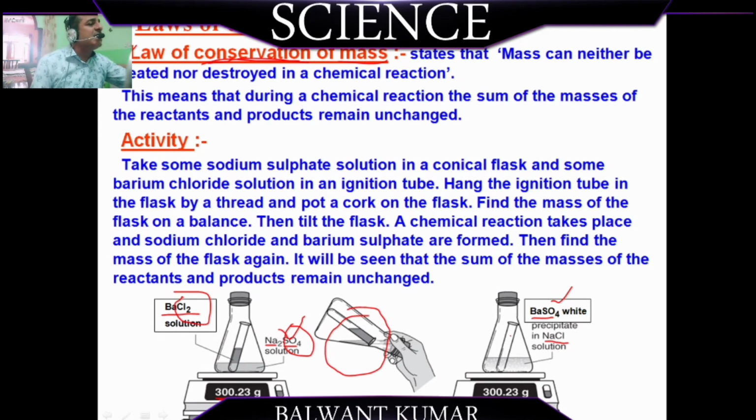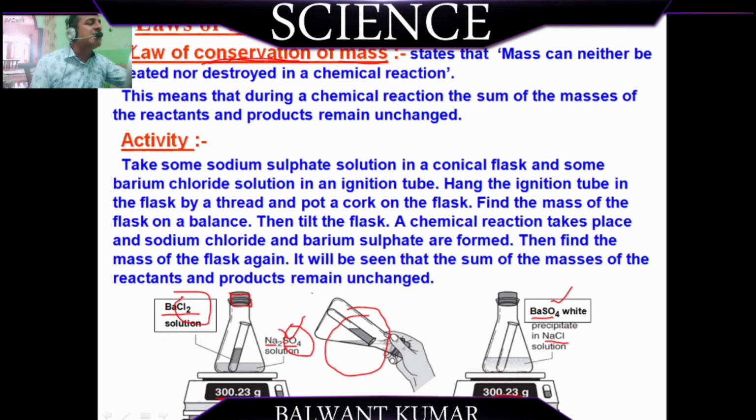Okay, so after the reaction is over, again we measure the mass of the two products. We find that if the reaction is carried out in a closed atmosphere, we have placed the cork here. See, this is the cork. We have placed the cork here to protect the reactants from the surrounding effects, from the outside effects.